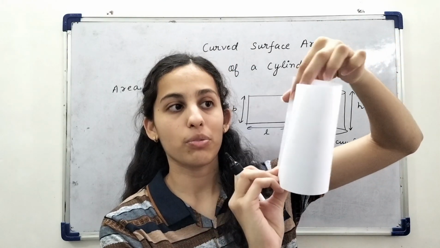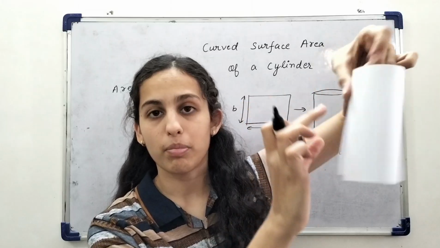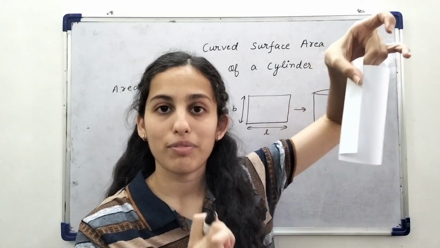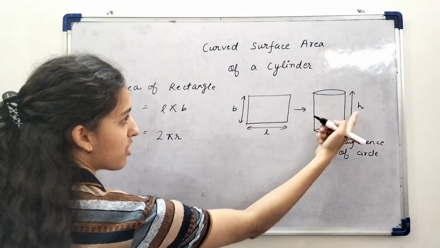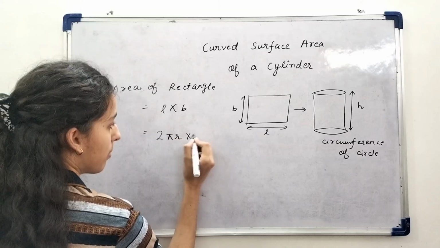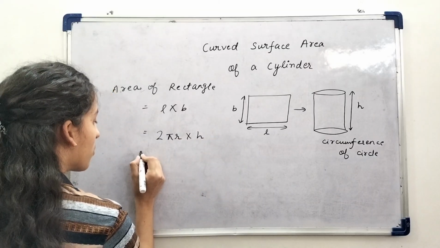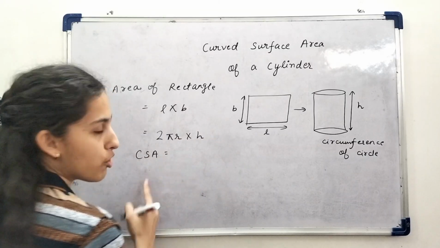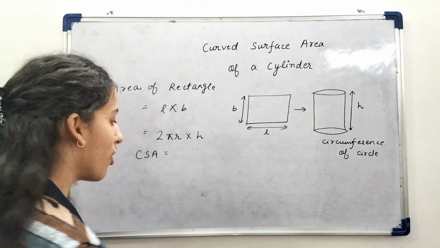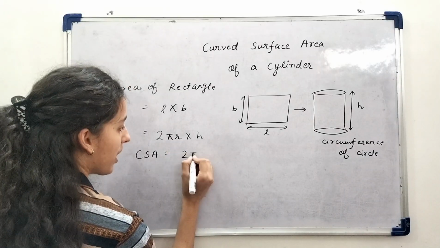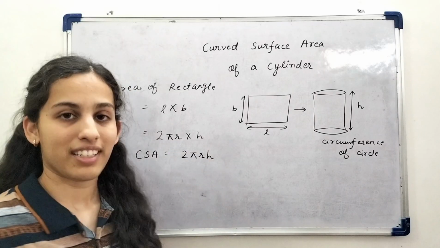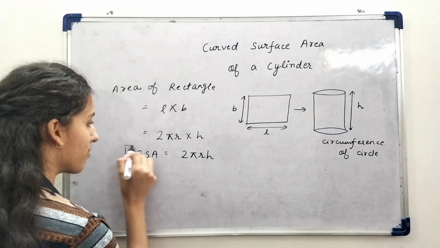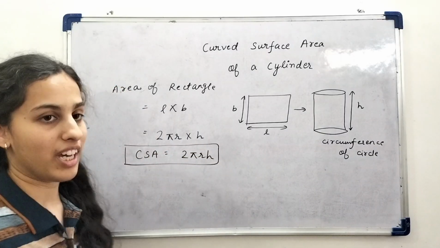When we convert it into a cylinder, this breadth becomes the height of the cylinder, denoted by h, to multiply by h. So the curved surface area, we can shortly say CSA of a cylinder, is 2 pi rh. Correct? So the formula of the curved surface area of a cylinder is 2 pi rh.